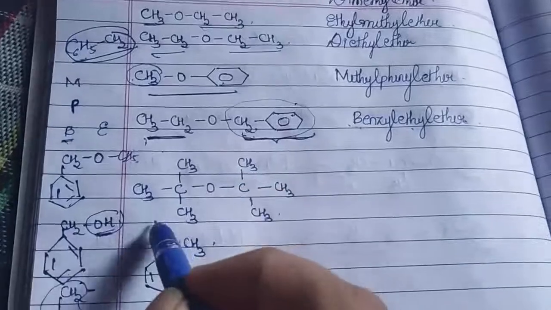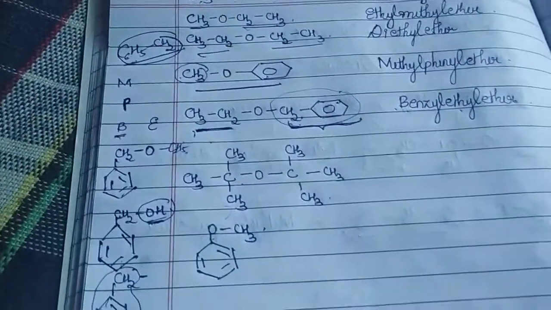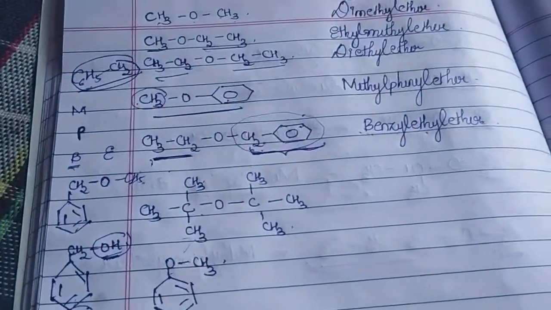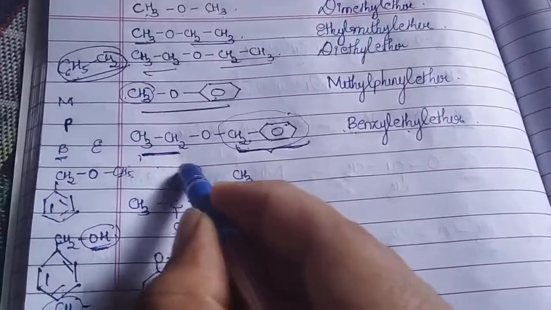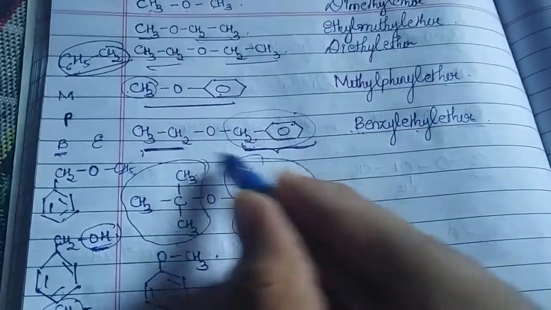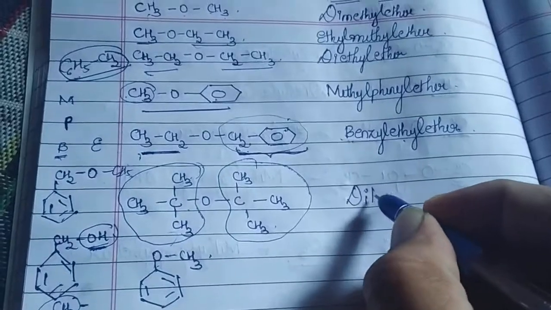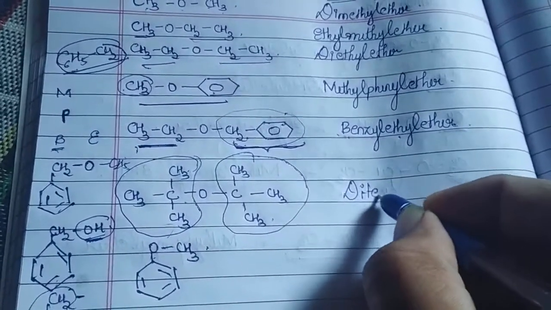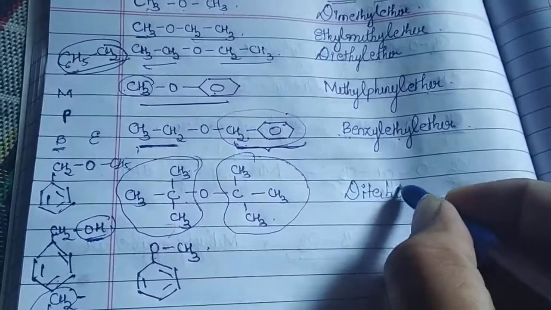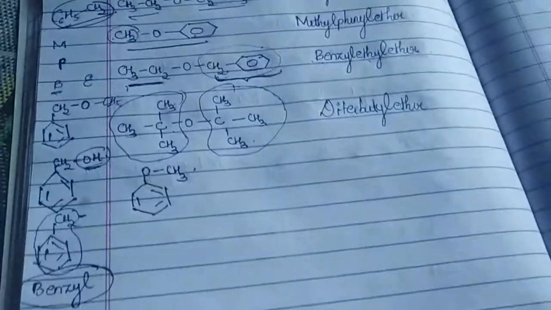So what is this part? CH3C, CH3. How will this be called? It is tertiary butyl. This is one tertiary butyl, this is another tertiary butyl. So there are two such tertiary butyls, so di-tertiary butyl ether.